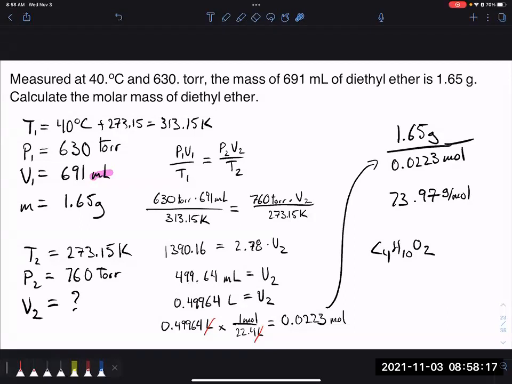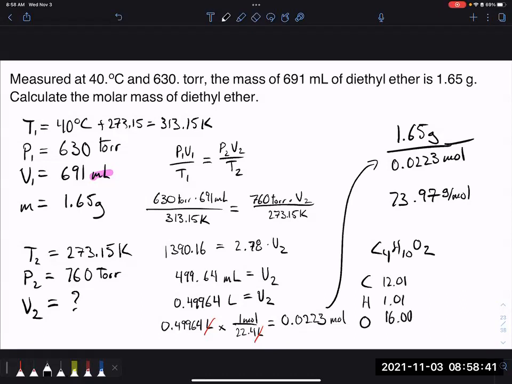If this question was written correctly, we should also be able to look at the molecular formula for diethyl ether and calculate its molar mass using the periodic table. Carbon is 12.01, hydrogen's 1.01, and oxygen is 16.